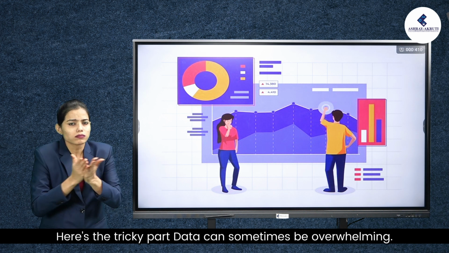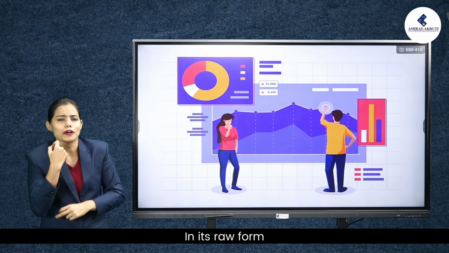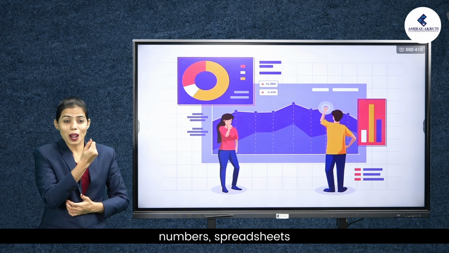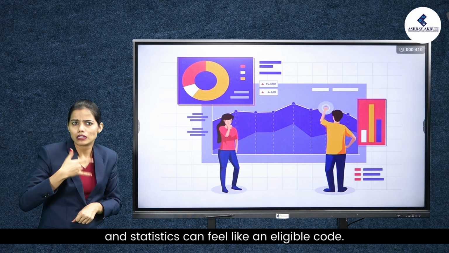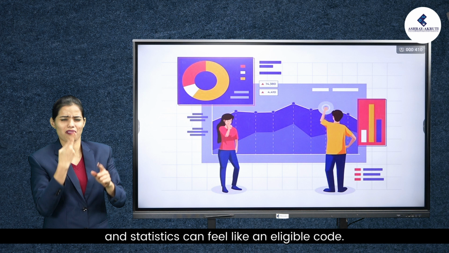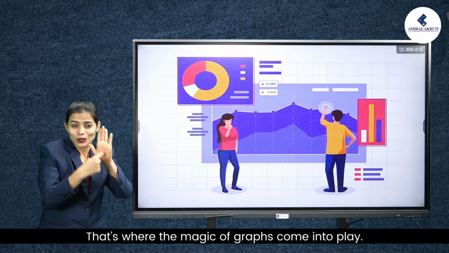Here's the tricky part: data can sometimes be overwhelming in its raw form. Numbers, spreadsheets, and statistics can feel like an illegible code. That's where the magic of graphs comes into play.